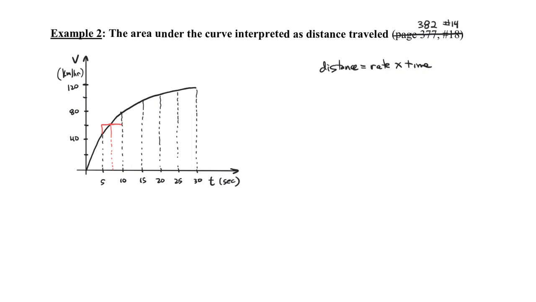So we're going to use these midpoints here. This first one would be 2.5. This will be 7.5, 12.5, 17.5, 22.5, 27.5.